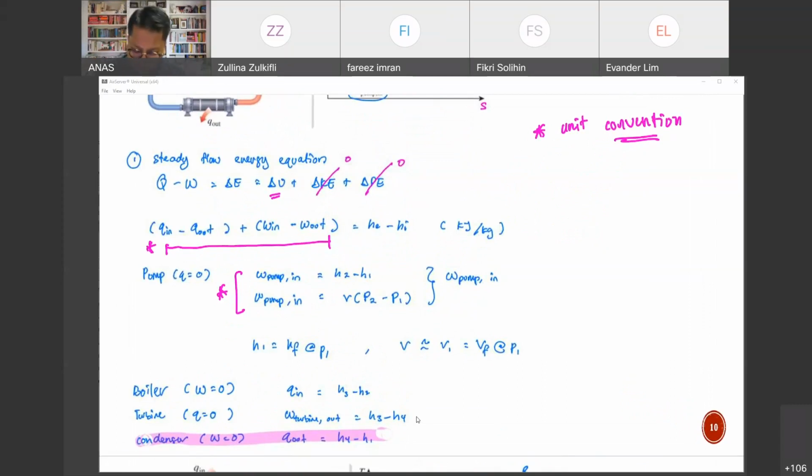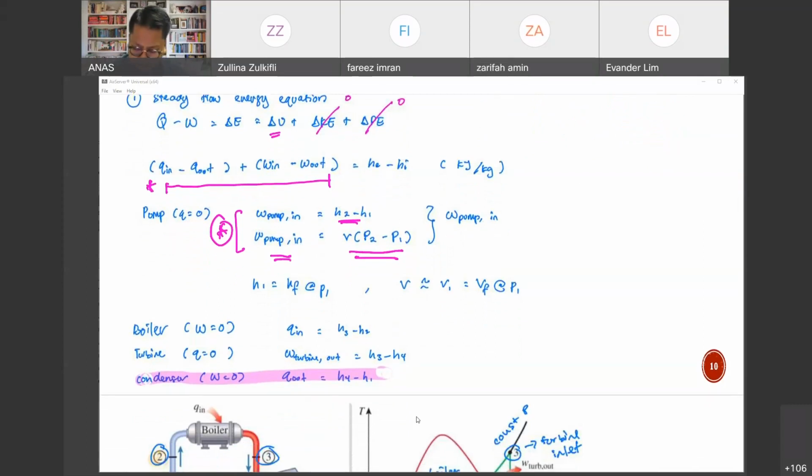First, by using the enthalpy, because it involves a liquid, so W pump in equals H2 minus H1. W pump in can also be calculated by using the following equation, which is v(P2 minus P1), pressure and volume. This is very important because we will be using this in our calculation.